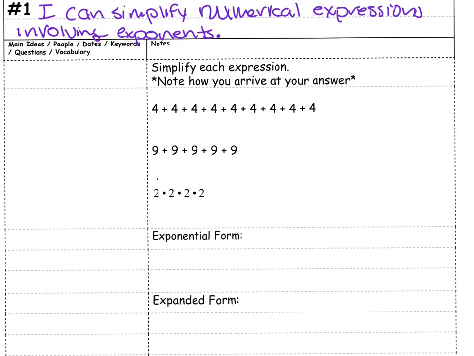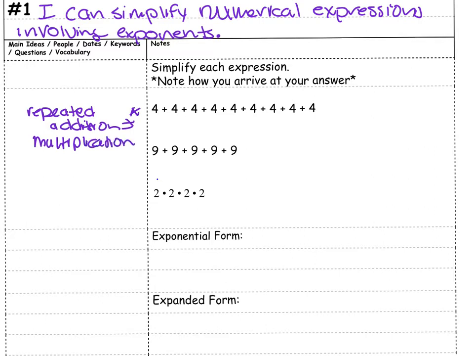So this next part is really just about how you can write repeated addition as multiplication. So we could do 4 plus 4 plus 4 plus 4 plus 4, but we learned in elementary school that repeated addition can be written as multiplication.